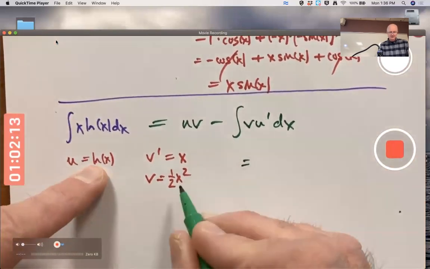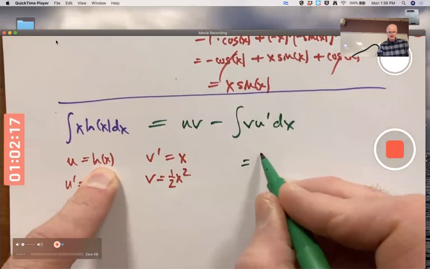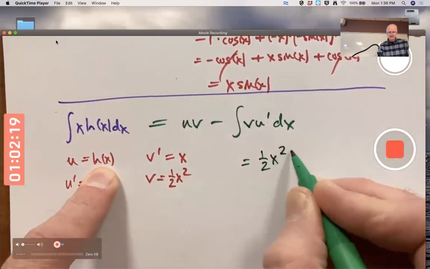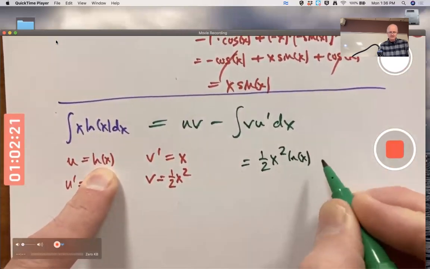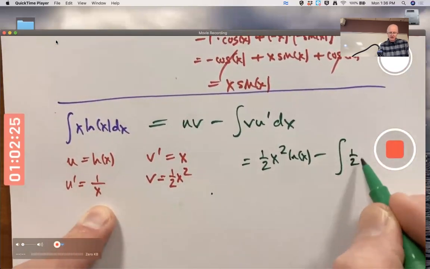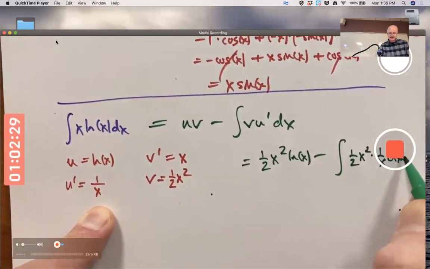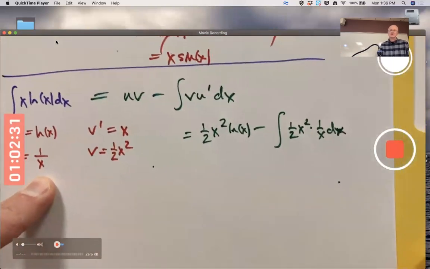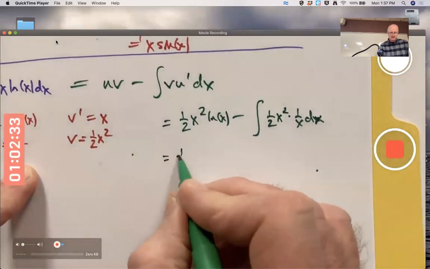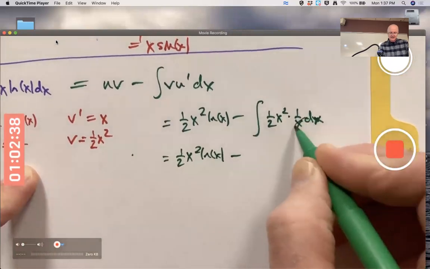There's what it looks like. So for this example, u times v is the product of these two things. So it's 1/2 x squared times natural log of x minus the integral of v times u prime, 1/2 x squared times 1 over x. And at least that integral doesn't have any natural log anymore. Yes, it's easy to do if we can cancel this x with one of those.